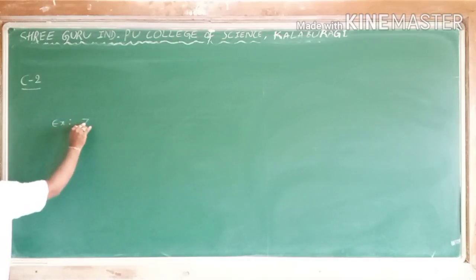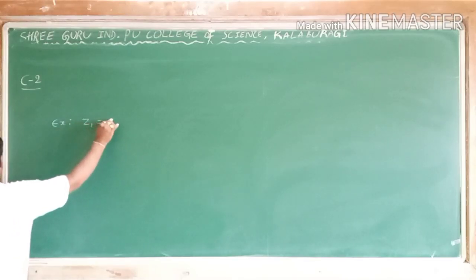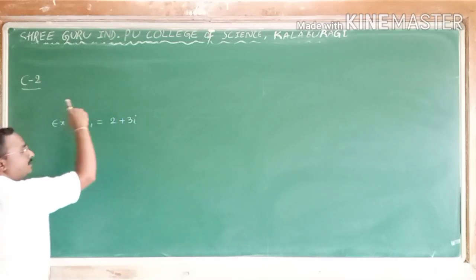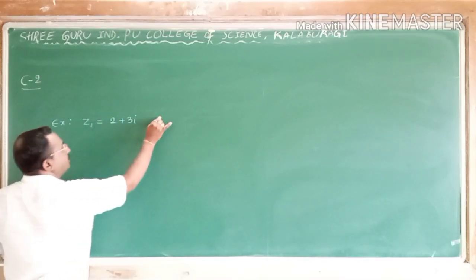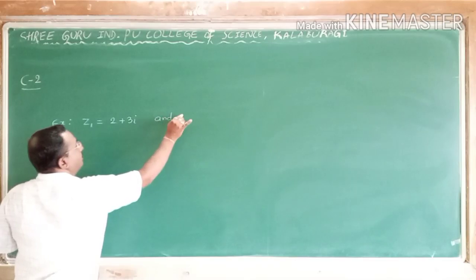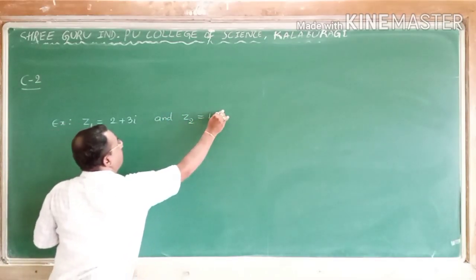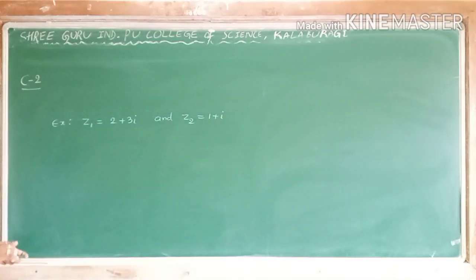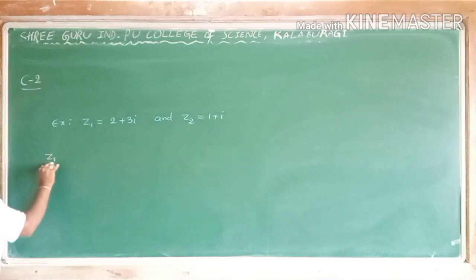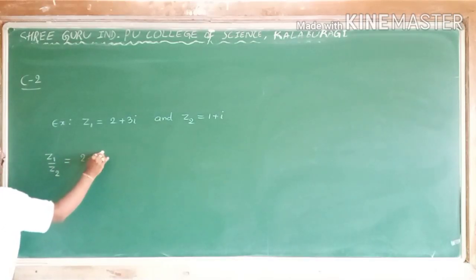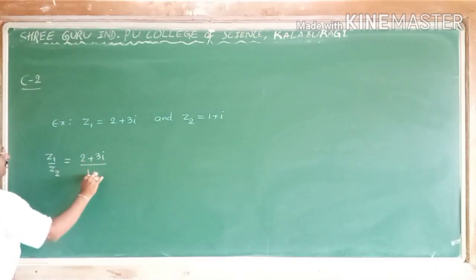Let Z1 is equal to 2 plus 3i, and Z2 is equal to 1 plus i. Z1 by Z2 division: 2 plus 3i divided by 1 plus i.